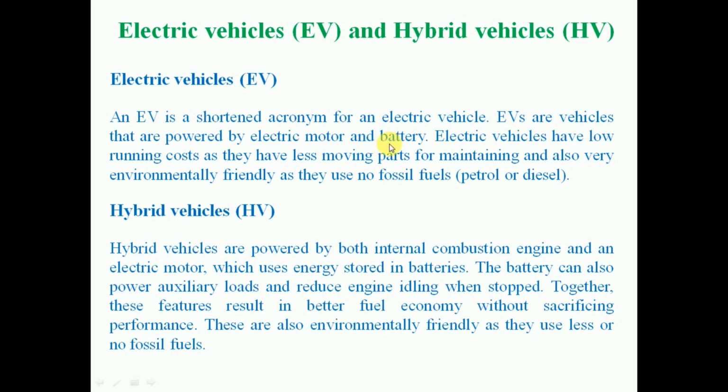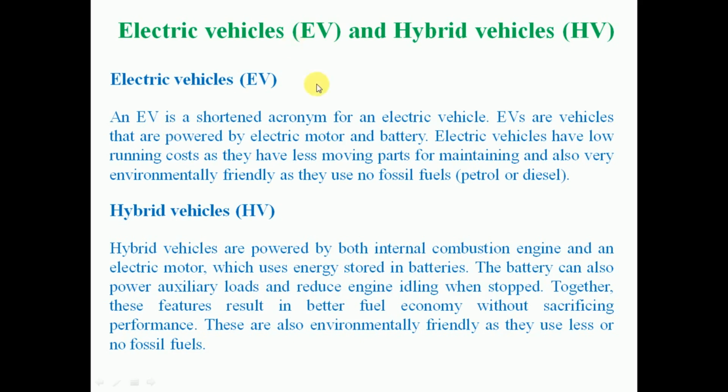Then the electric vehicles have less running cost. That means the cost of the electricity we use for charging the battery used in electric vehicles is less. Therefore the running cost of the vehicle is less, and there are also fewer moving parts in electric vehicles.